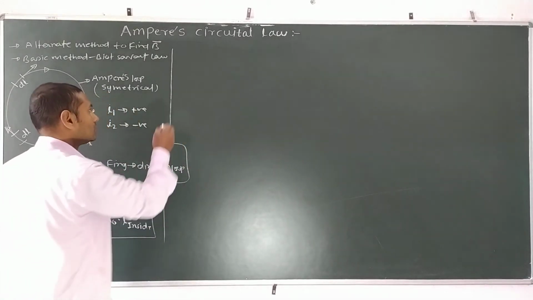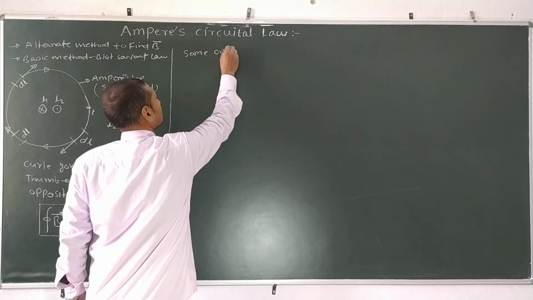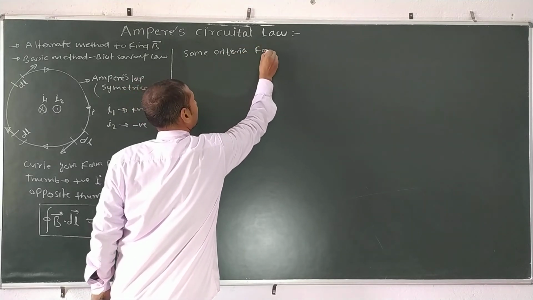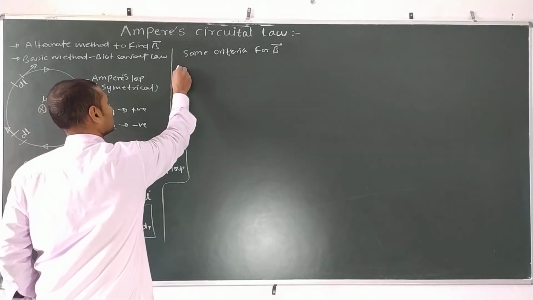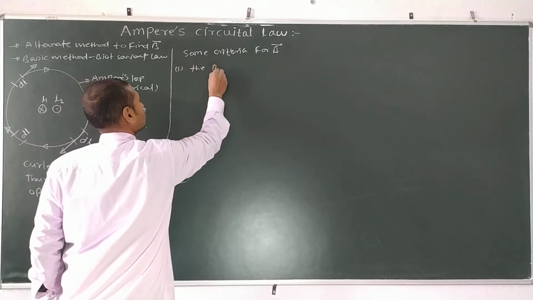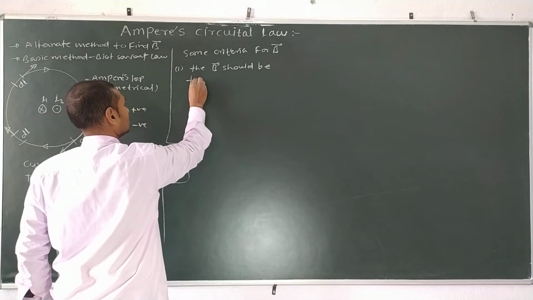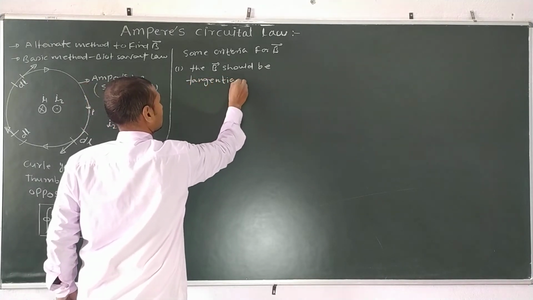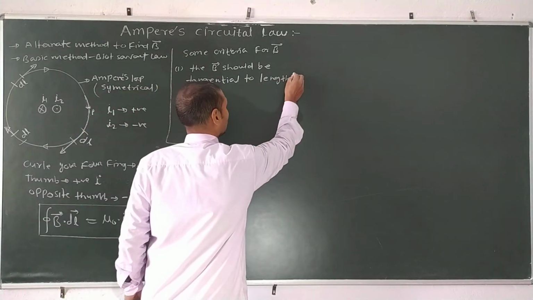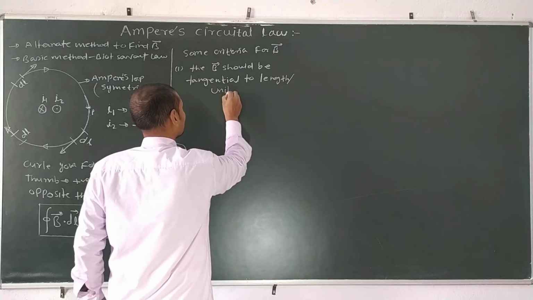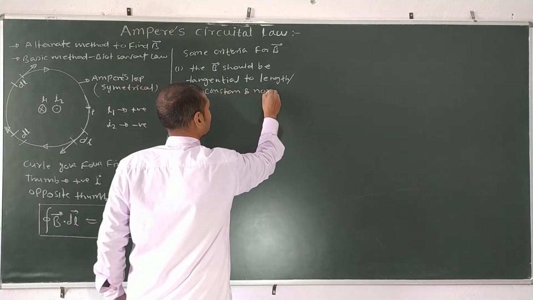There is some condition for the magnitude of magnetic field. The first criterion is that B should be tangential to length, or uniform or constant and non-zero.